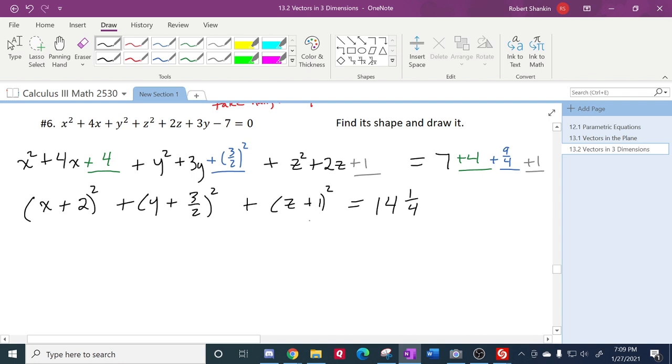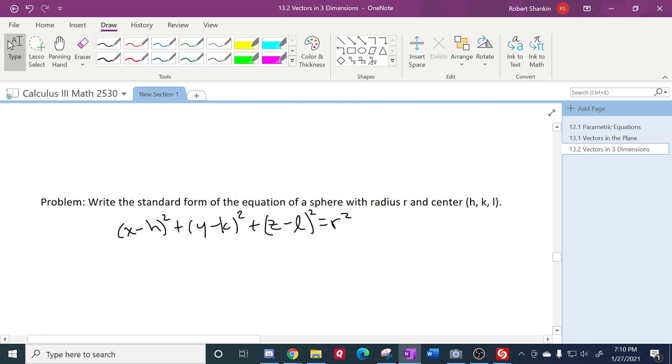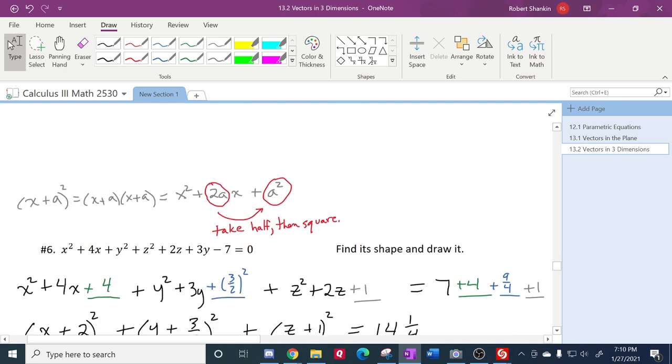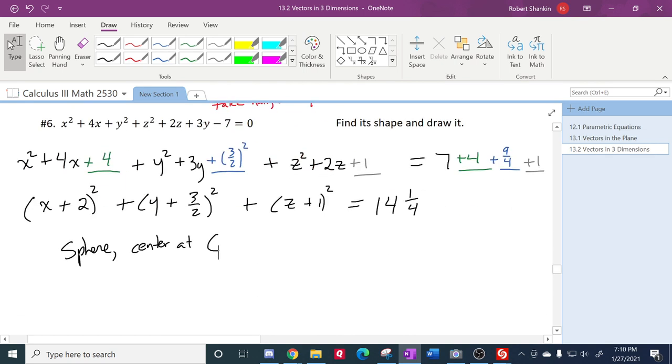And then, so my center, this is a sphere with center at, well, the formula has to have minus signs in it. So you really think of this as x minus a negative 2.